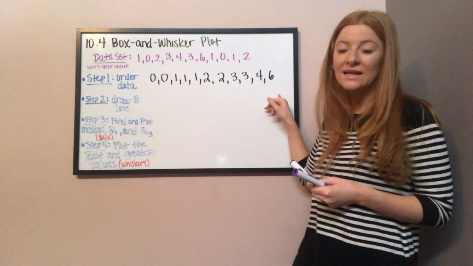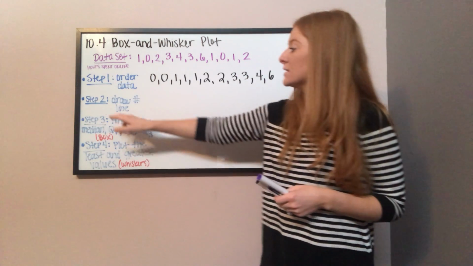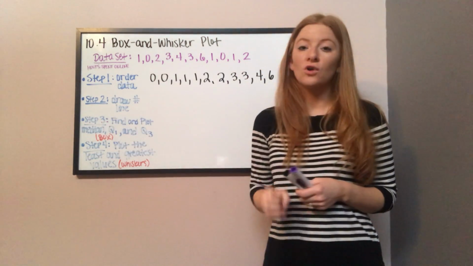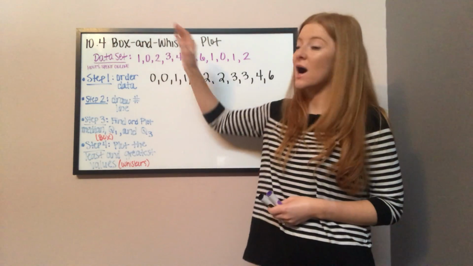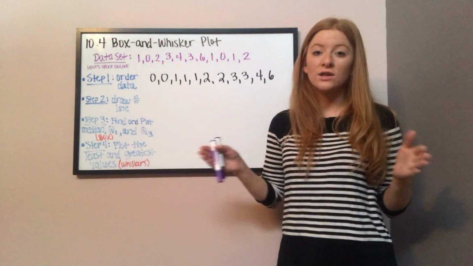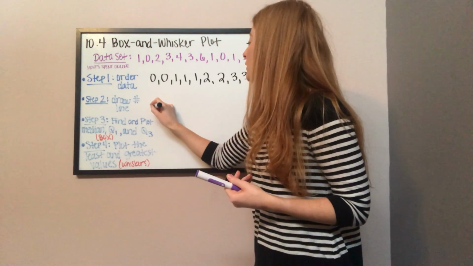Again, just like in any other thing we've done, whether histograms or all that stuff. Step number 2, you are going to draw a number line. When you do a box and whisker plot, you are drawing it on a number line.